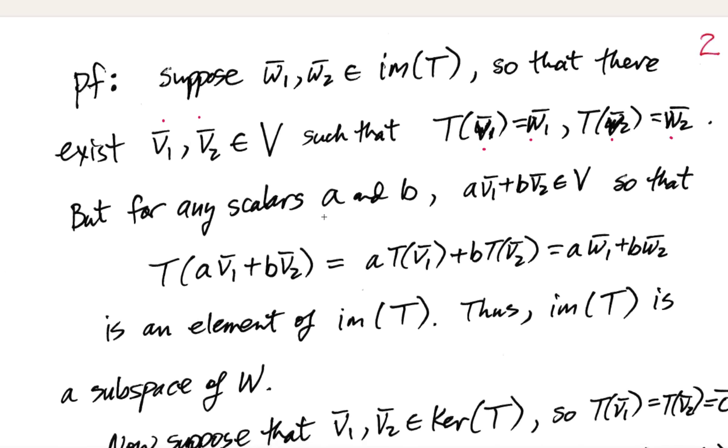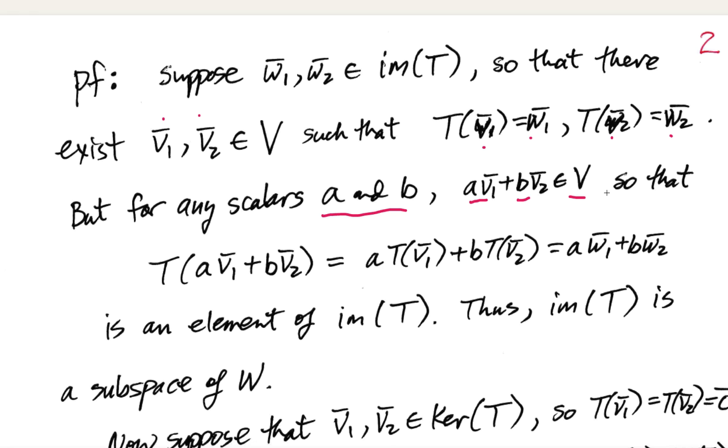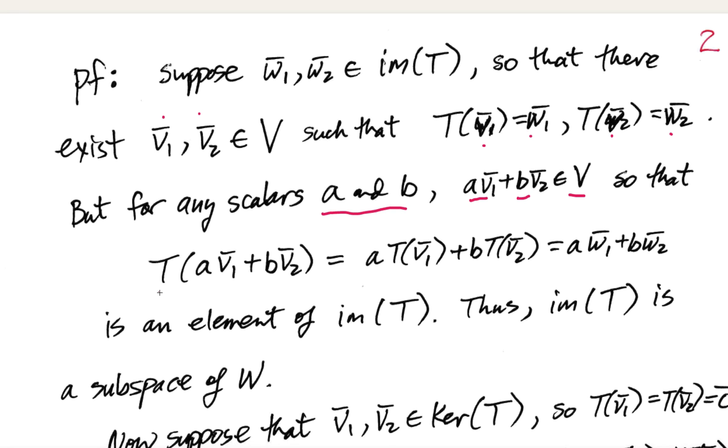Now, for any scalars a and b, so I'm just talking about real numbers in essence, this linear combination, a V1 bar plus b V2 bar, is going to be an element of V, right? Because V is a vector space, a subspace of R to the n, as a matter of fact. So if I go like this, T acts on that linear combination. Since T is a linear operator, I can break it up this way.